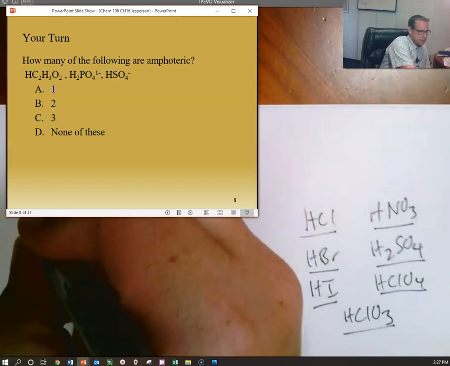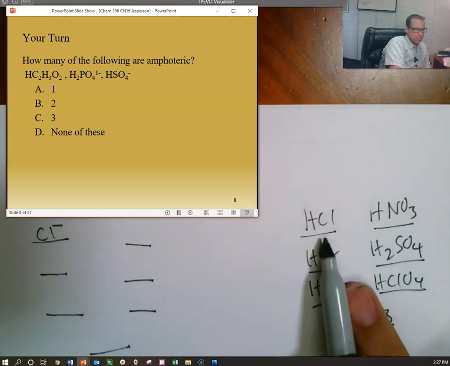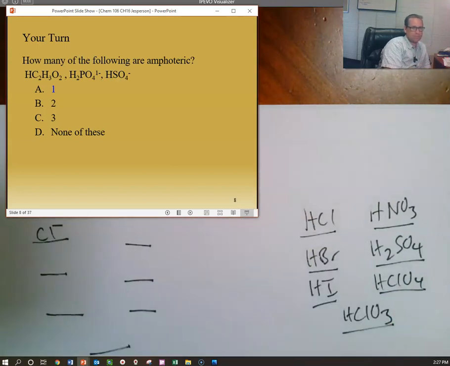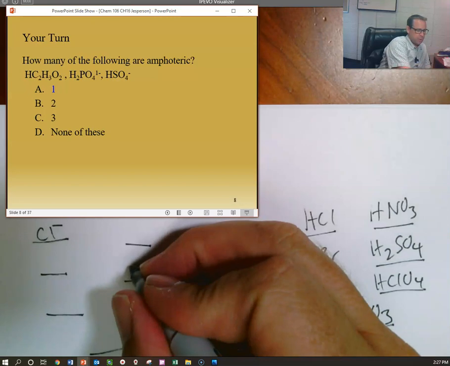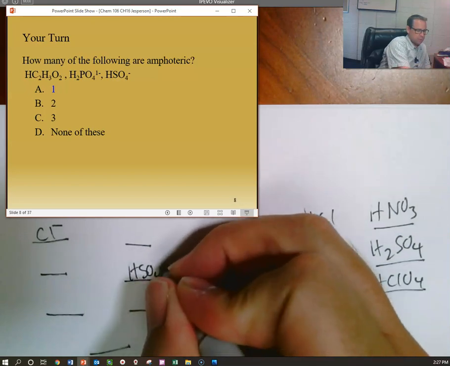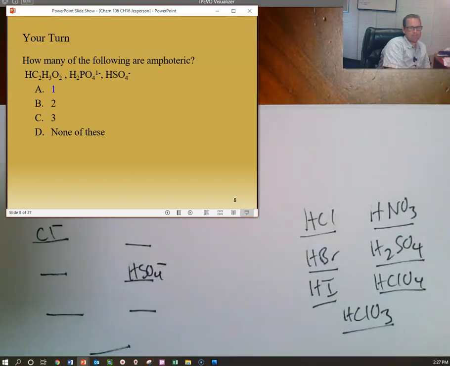Cl minus, that's the conjugate base for HCl. And then H2SO4, would it be HSO4? Very good, HSO4 minus.